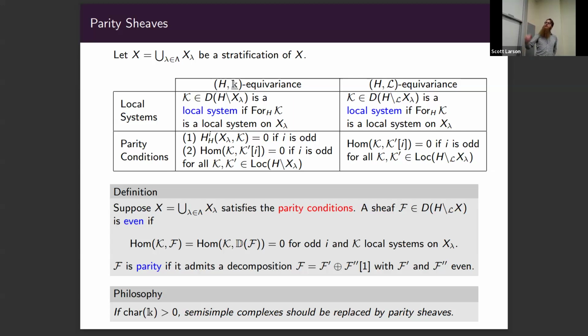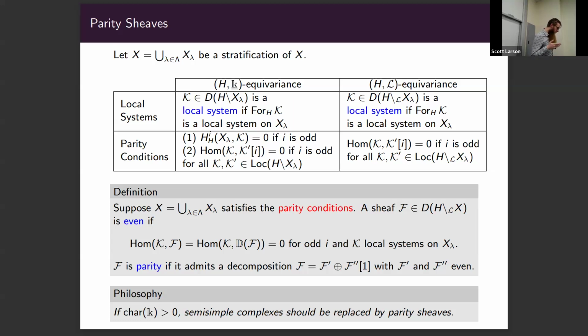So instead, we just use this second characterization, and it in fact implies the first characterization using a classical theorem that relates the equivariant cohomology with homomorphisms from the constant sheaf. Nonetheless, we can define these, and it's more or less the same. We just don't want any odd degree extensions or odd degree homomorphisms.